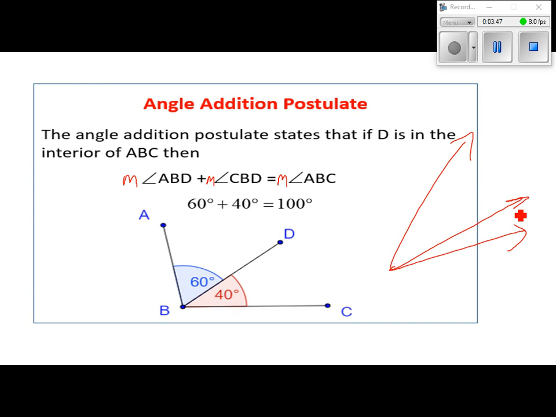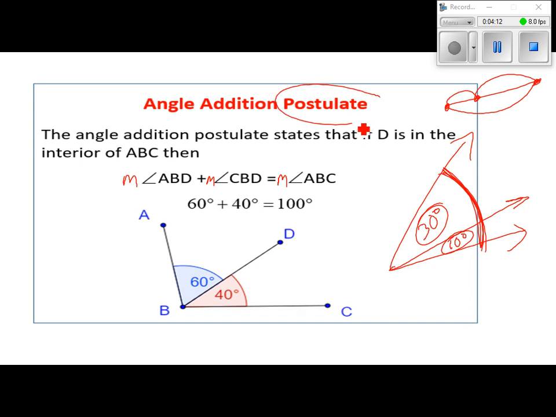Three angles, right? If I know this angle's 10 degrees and this angle's 30 degrees, what do I know about this whole angle? 40 degrees. Just like the segment addition postulate said this segment plus this segment has to equal the whole thing. Same thing. This angle plus this angle has to equal the whole angle. Sort of common sense stuff.